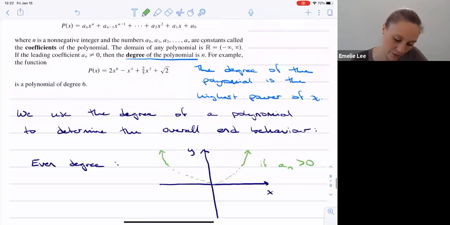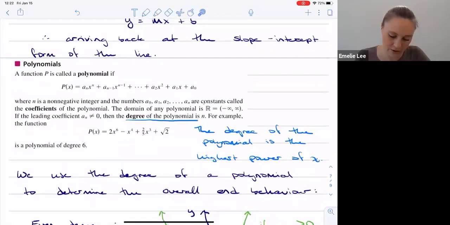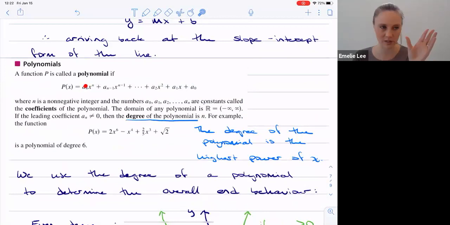Now, just referring back to our general polynomial here, a subscript n is the coefficient on our leading term, is what it's called, this highest power of x. So really what it's saying is if you've got a negative polynomial, then it's going to be flipped down on the x-axis.